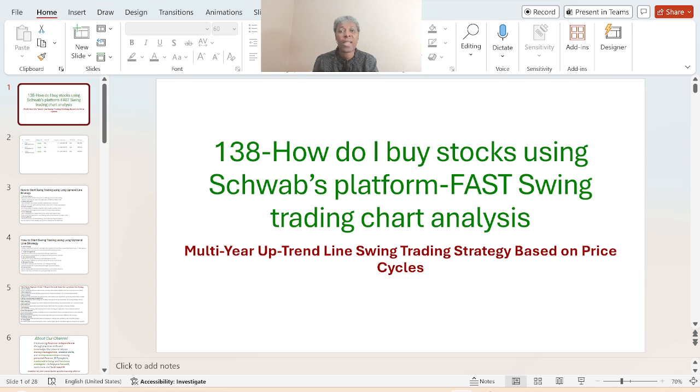Click on buy there, and then it'll open a window for me next to all the stocks in my portfolio, and then I can just put the stock symbol. If the stock that I click on the drop down menu is not the stock I want to buy more shares of, I will put in the stock symbol, and then I will complete it with the limit price and the number of shares that I want to purchase, and then place the order.